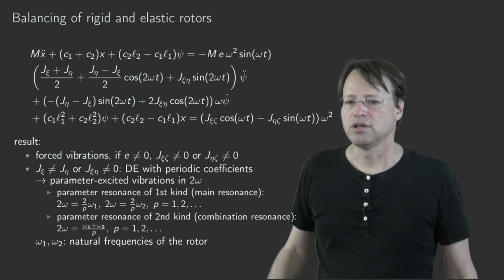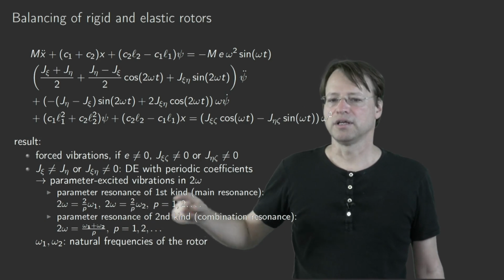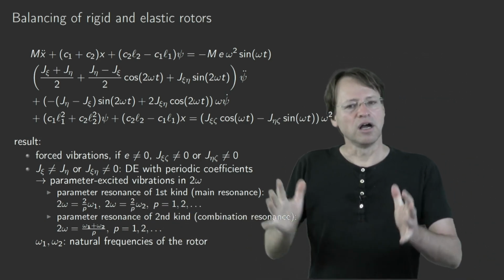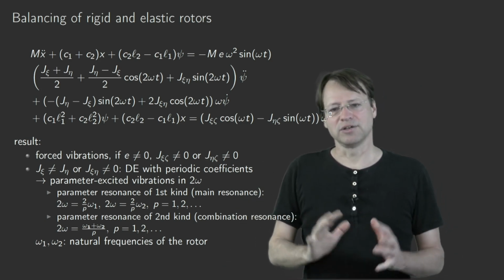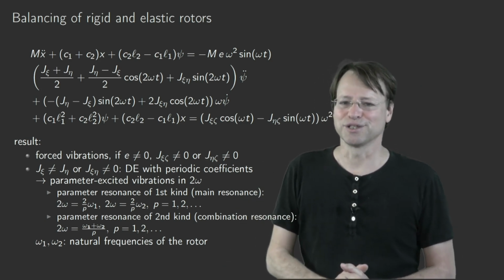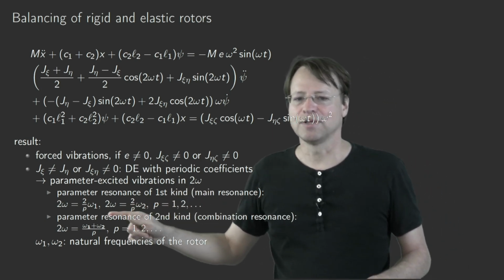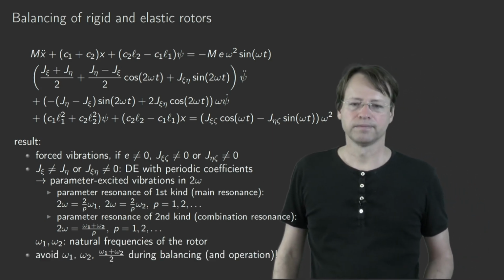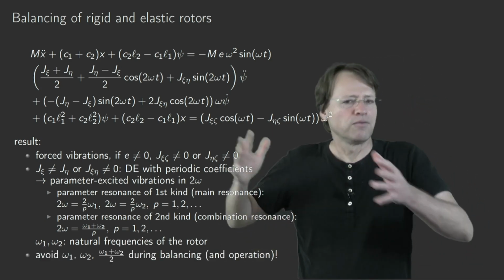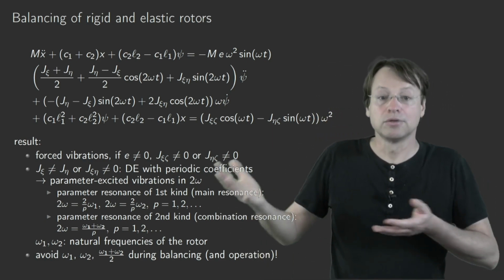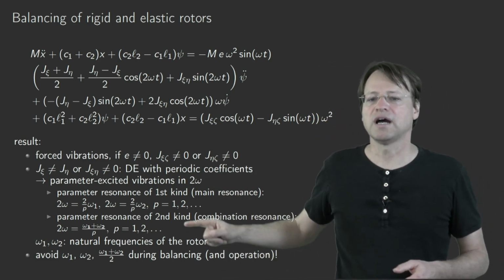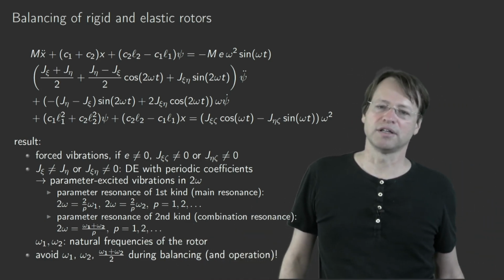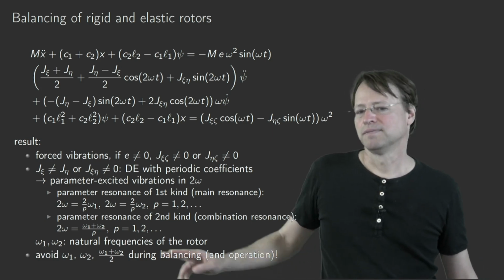So in this case, you have omega equal to omega 1, omega equal to omega 2. Well, this is not a new result. I would say this is the classical result. Avoid the natural frequencies. There are no good candidates for rotational speeds. And then there is a result that we also have seen, omega 1 plus omega 2 divided by 2, which would be something, well, for the Jeffcott rotor at least. So analogously to the Jeffcott rotor, we call it a half critical. Just omega 1 plus omega 2 divided by 2, we would call this here.